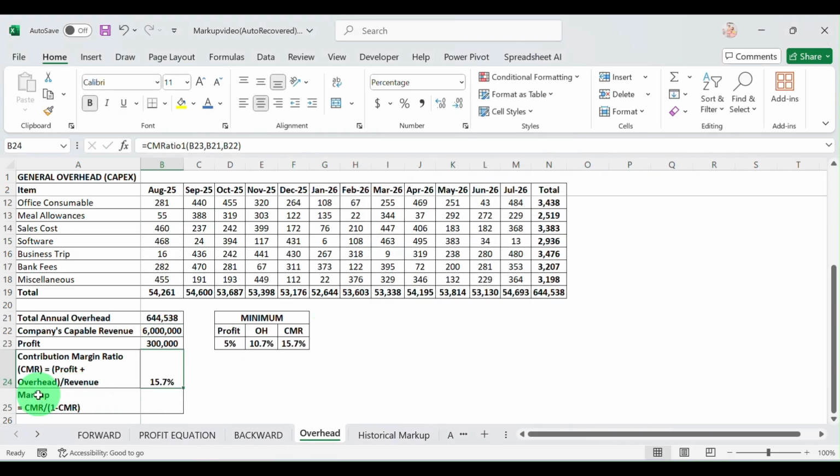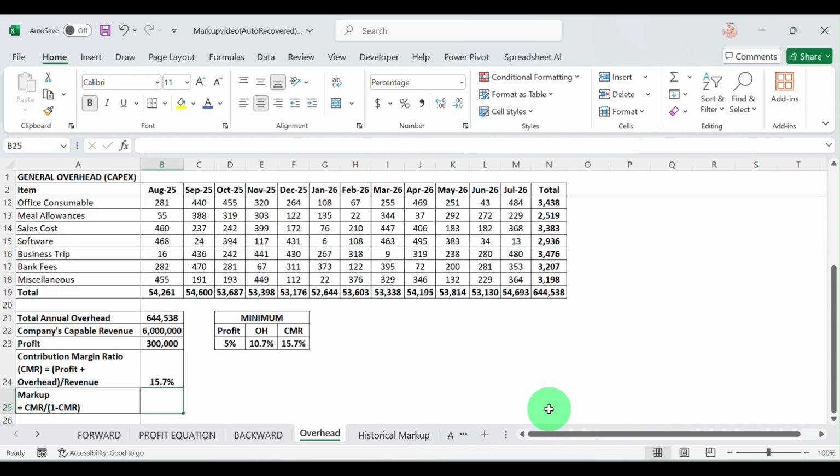So we have our contribution margin ratio is 15.7%, and we use our conversion formula to calculate the markup based on the contribution margin ratio.